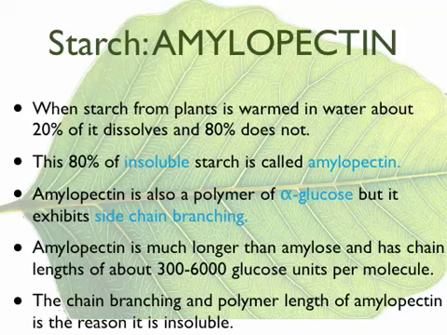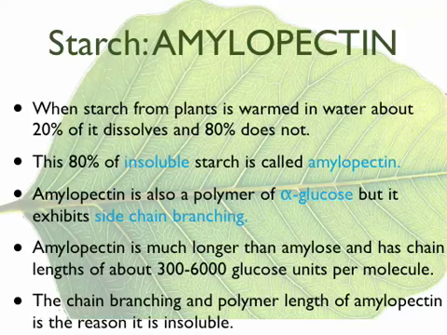The difference between amylopectin and amylose is that amylopectin has significant side chain branching. This means that not only does it form a linear structure, but off the side you will have branches forming, in a very similar way to LDPE from Unit 1, low-density polyethylene.